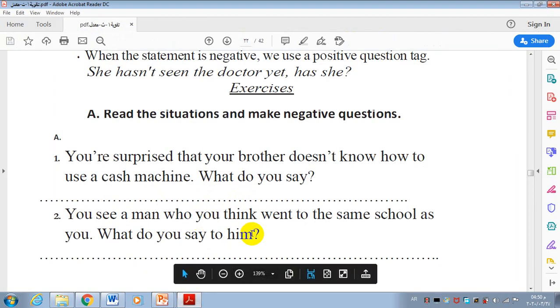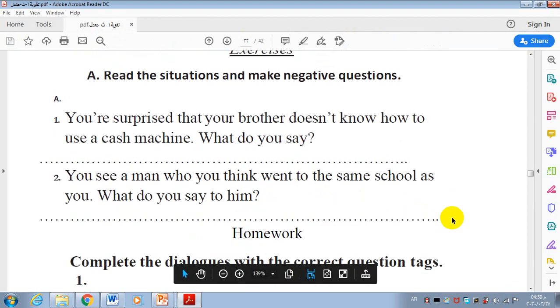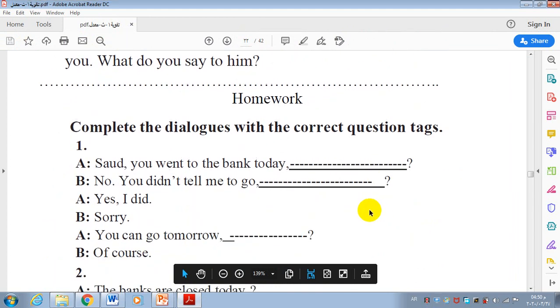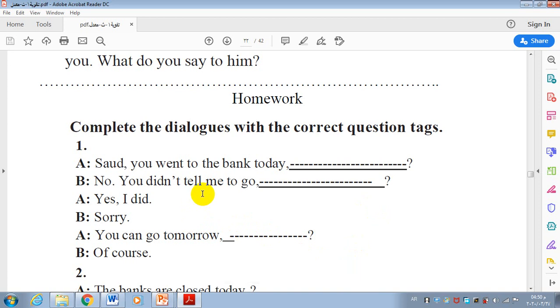Now let's go to another exercise. This exercise is about question tags. As I told you before, if the main sentence is in the affirmative, we must use the question tag in the negative.